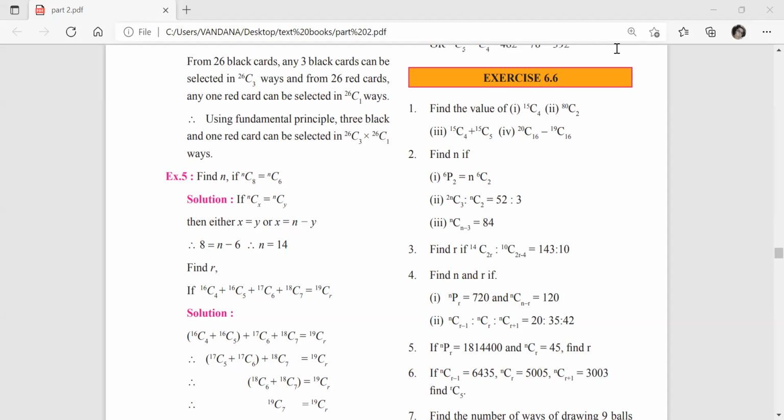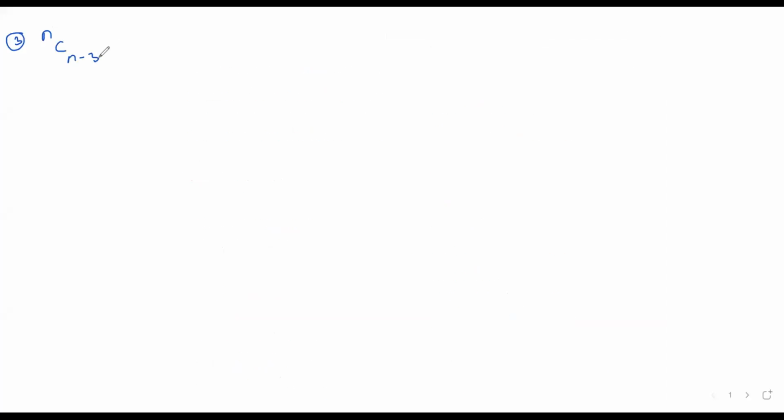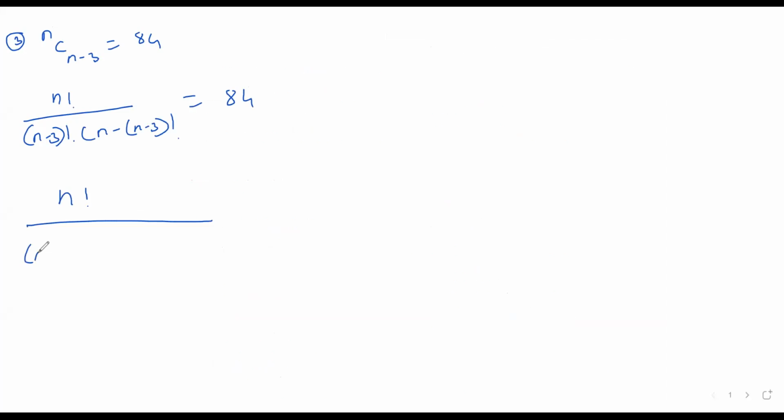nC n minus 3 is equals to 84. So we have to find n. This can be written as n factorial upon n minus 3 factorial, n minus n plus 3 factorial is equals to 84.